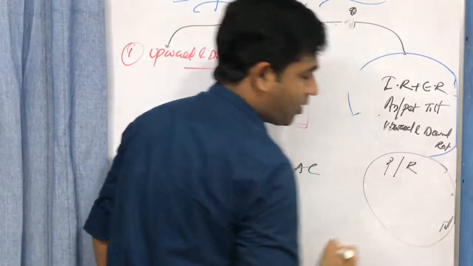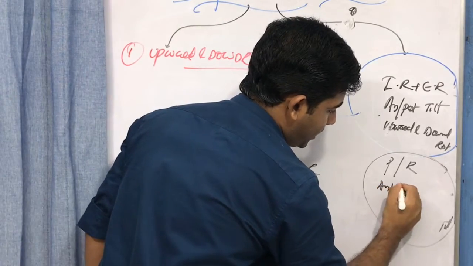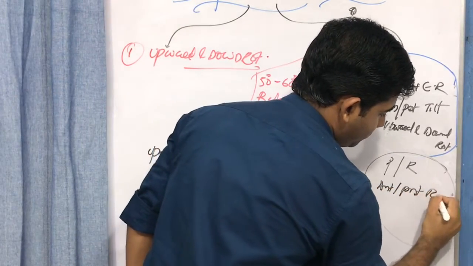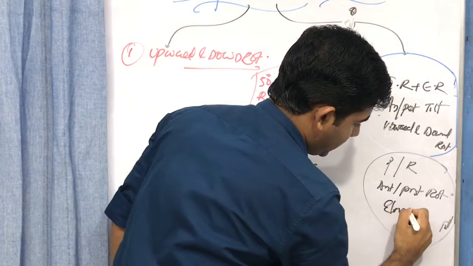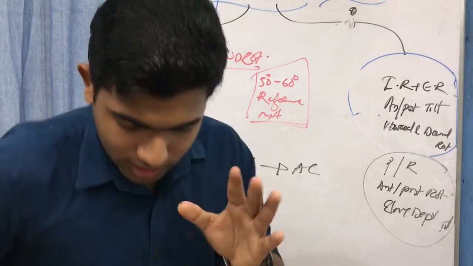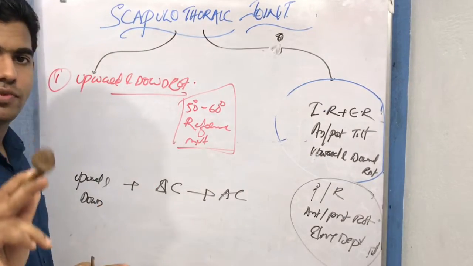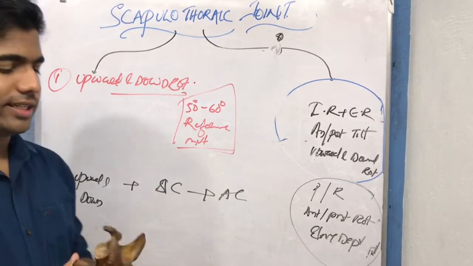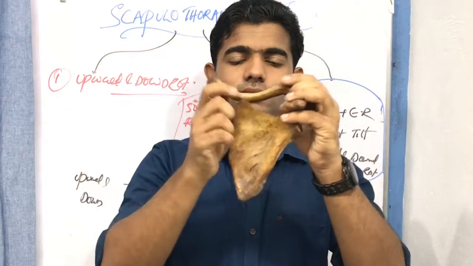Protraction and retraction, am I right? Anterior and posterior rotation, right? And one more movement, elevation and depression. Now tell me which movements are going to happen. If you find this out yourself, you definitely won't forget it. Okay, so this is how the orientation is.